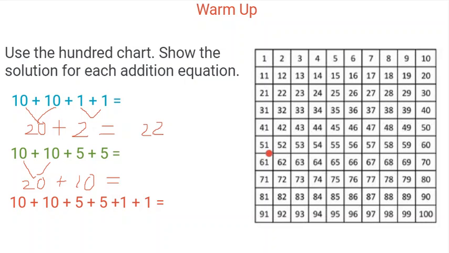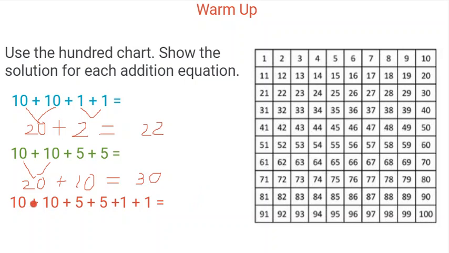Now one thing I want to point out here is 1, 2, 3, 4, 5, and then 1, 2, 3, 4, 5 more equals 10. So do we have any ones here? No. So we can put a 0. Do we have any tens? We have 1 ten plus 2 tens, or rather 2 tens plus 1 ten. That is equal to 3 tens. Wow. So we really know what we have here.